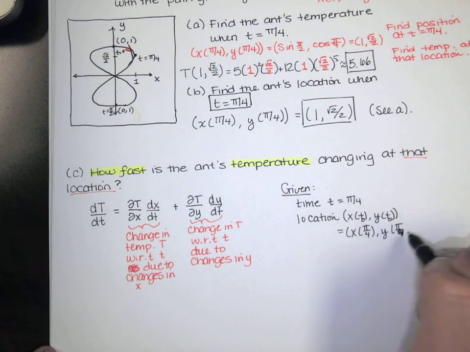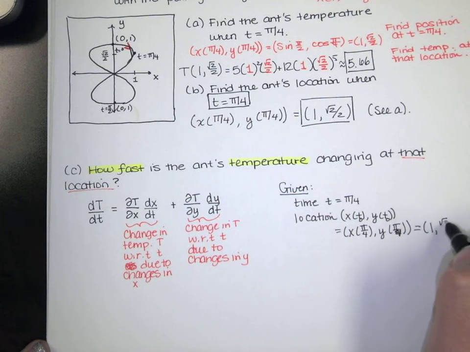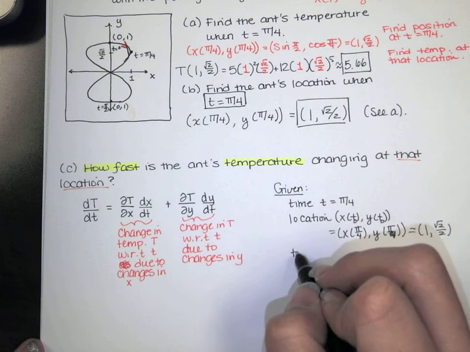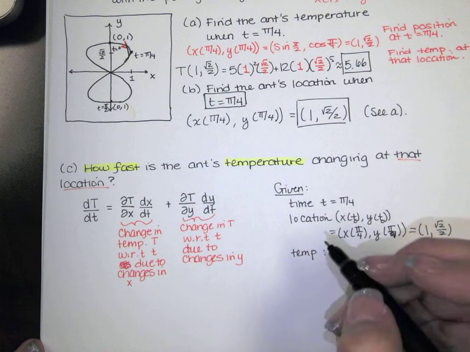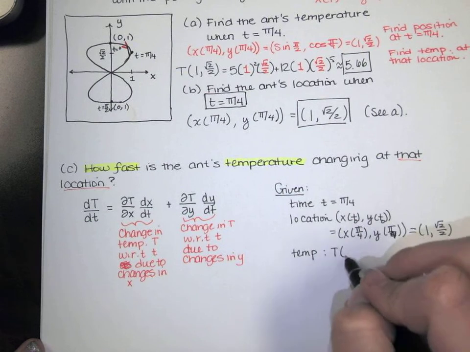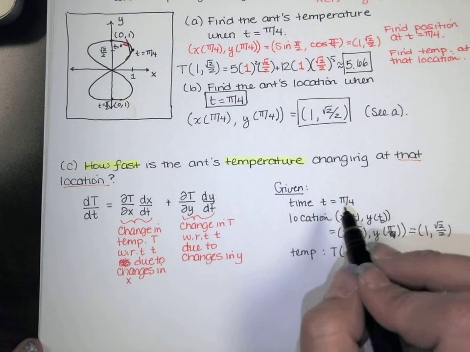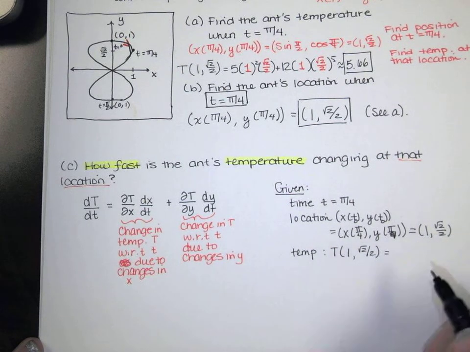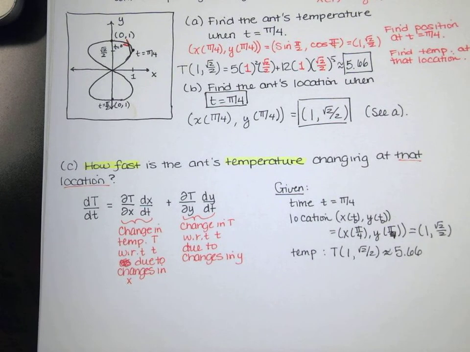I keep writing pi over 2, or thinking pi over 2, which happens to be 1 and square root of 2 over 2. And we know the temperature at that location, at that time, is about 5.66 units, whatever those are, maybe degrees.